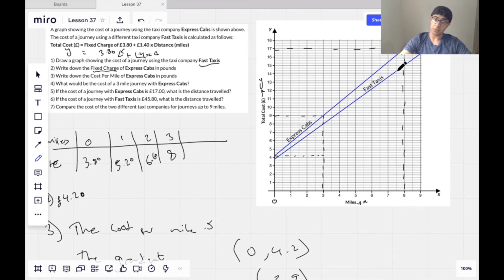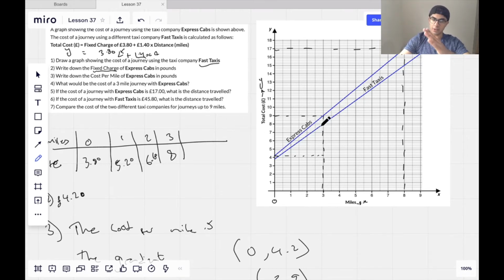Because the line of express cabs is above fast taxis, or you can just check every point. Like 4 miles, fast taxis is 9 point something, whereas express cabs is 10 point something. And just use that principle every time.